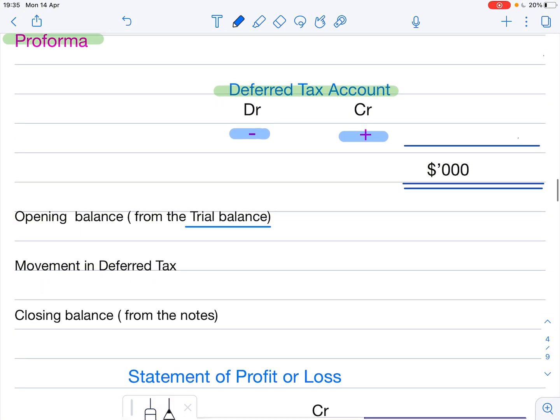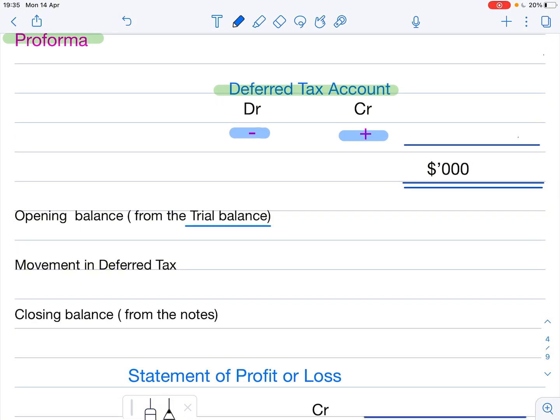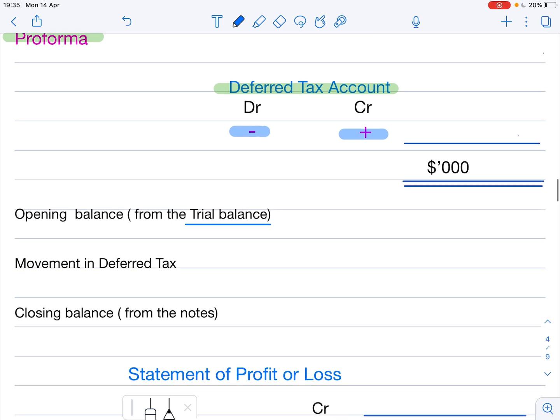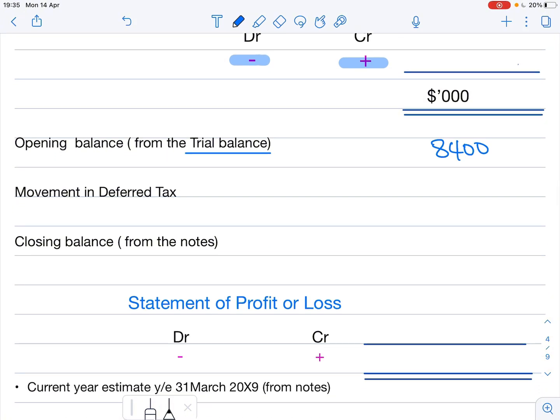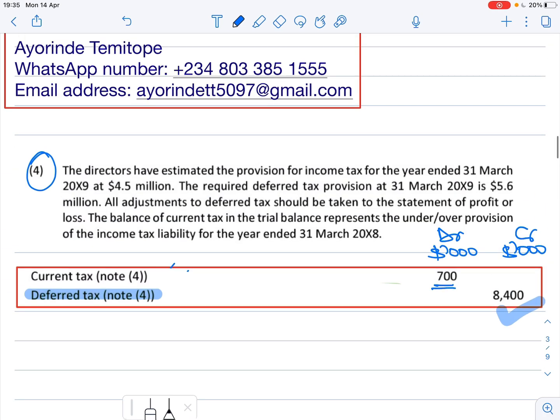So in my pro forma, I have there 8.4. Then where do I get the closing balance from? Well, from the notes. Note what? Note 4. So let's go back to the notes.